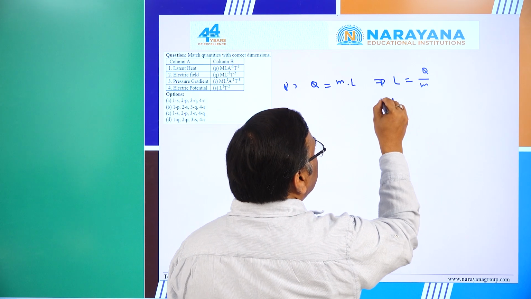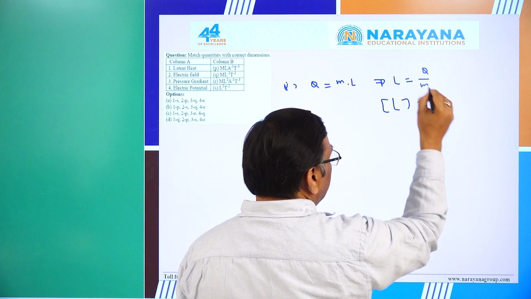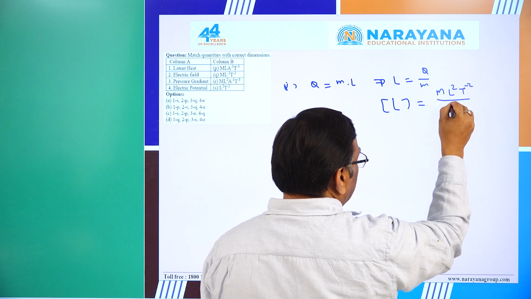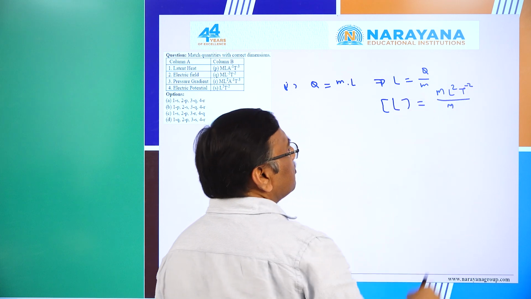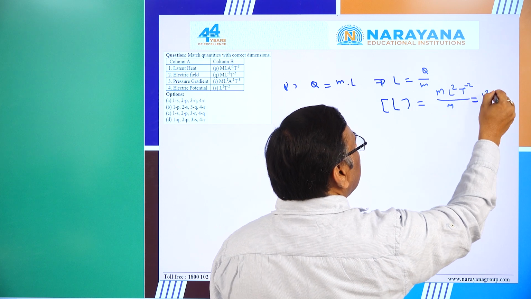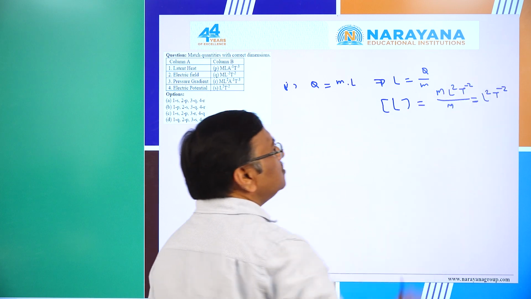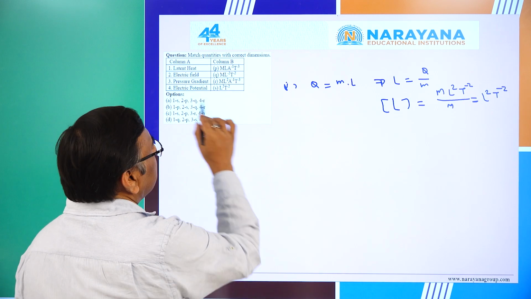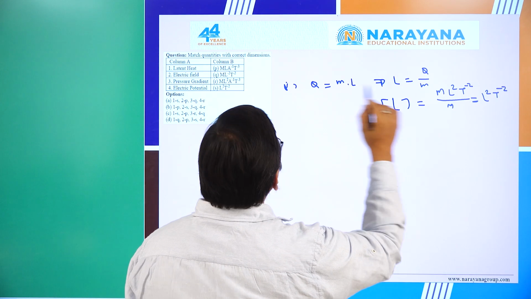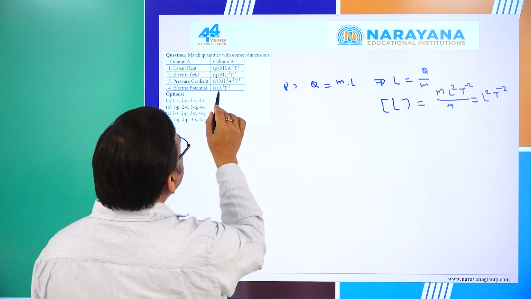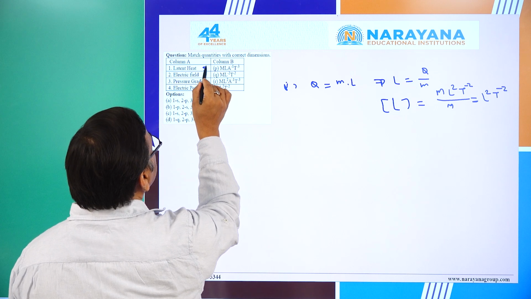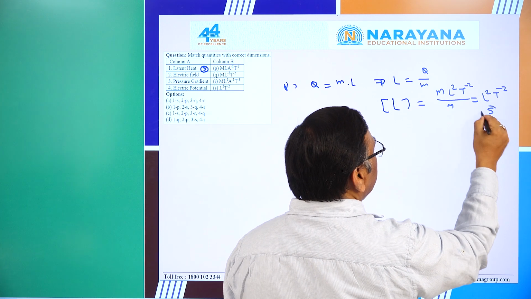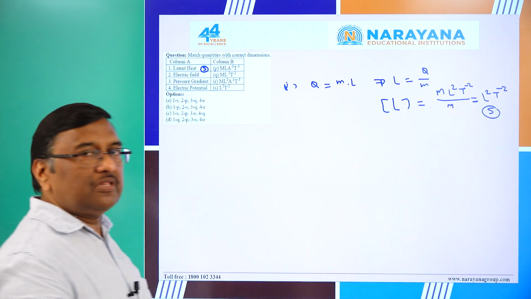The dimensional formula for Q is M L squared T to the minus 2, divided by M, which is simply L squared T to the minus 2. So what he is asking, latent heat first of all, divided by m, L squared T minus 2, yes, it is there, S. So latent heat corresponds to option S. So one is matching with S.